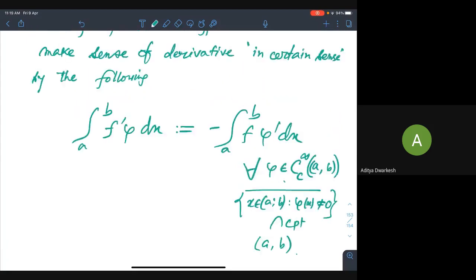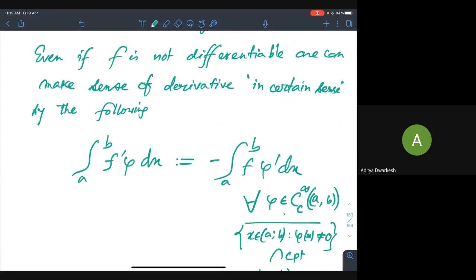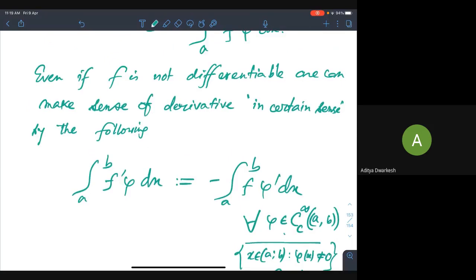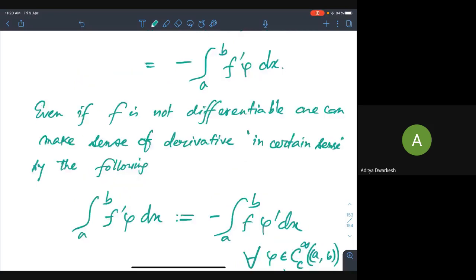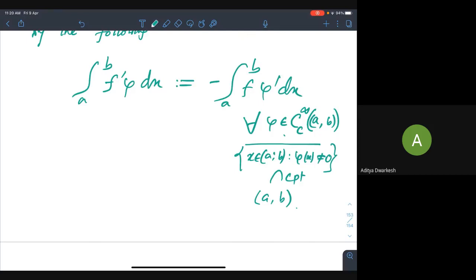We'll not go further beyond this one, but this is very important once you go into the theory of partial differential equations, for example, where in the classical sense you will not find a solution. So f is called a distribution. So this is much more general.